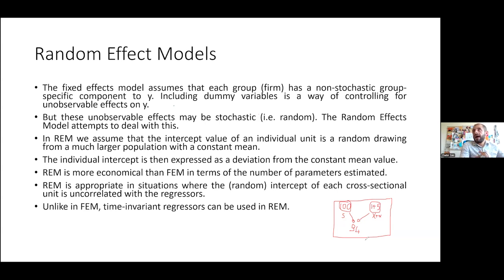However, if I have, in this case, let's say this 100 is actually composed of 50 individuals observed over 2 years. So I'm examining 50 individuals, how their wage has evolved over time for 2 years. Given that I have 50 individuals, I will introduce 49 dummies that measure all the unobservables related to those individuals.